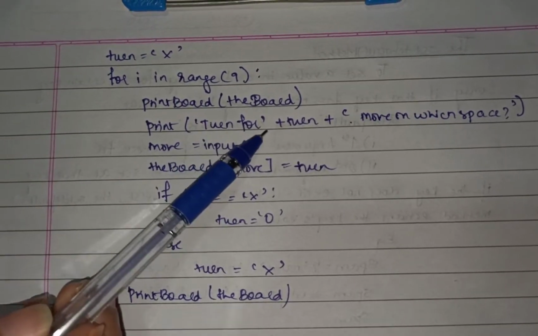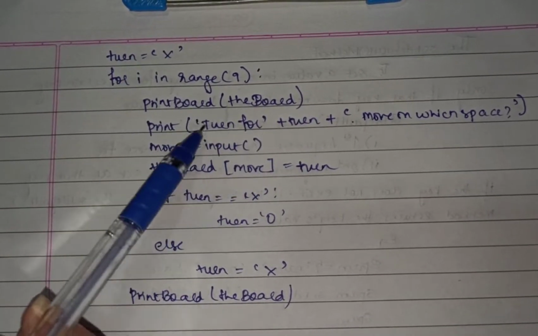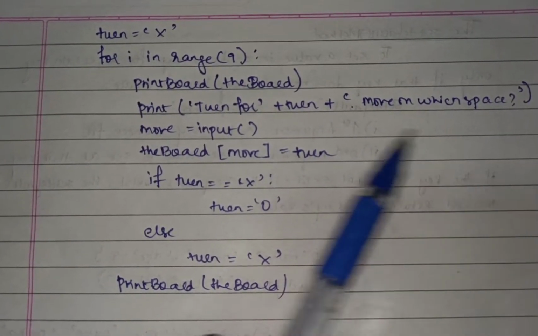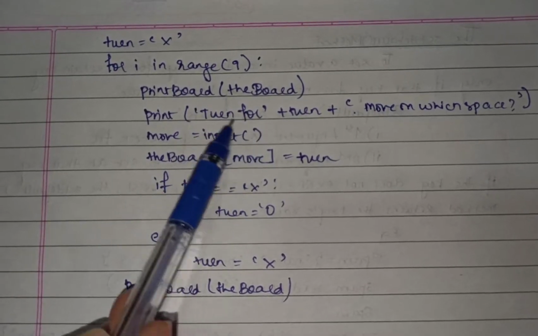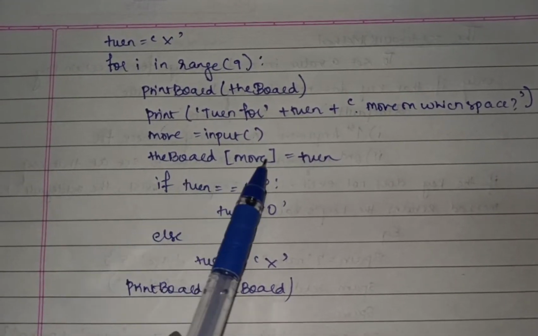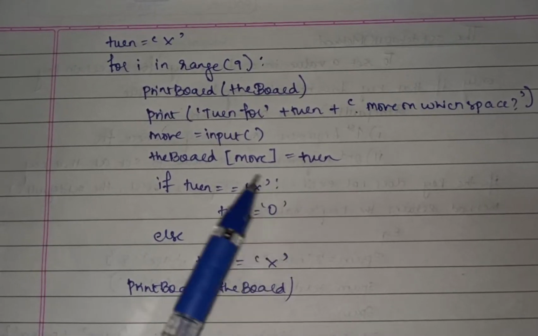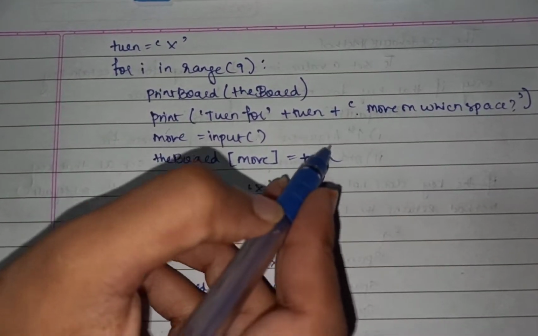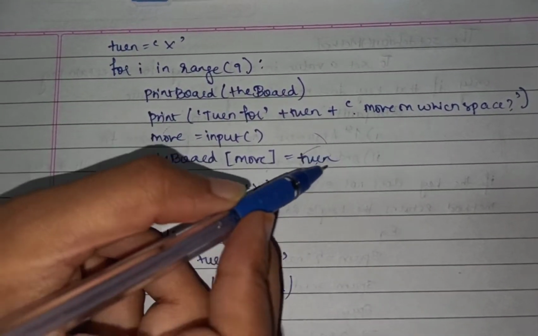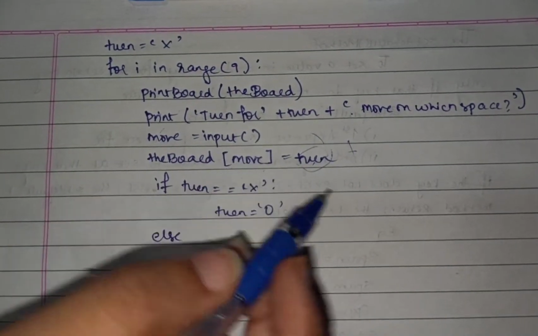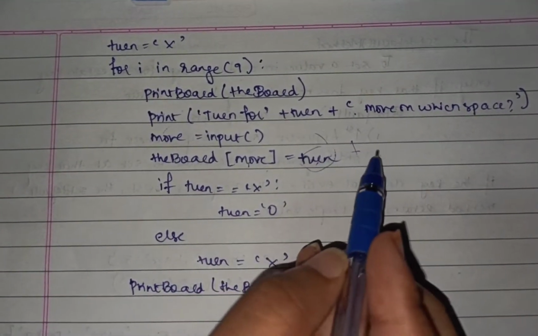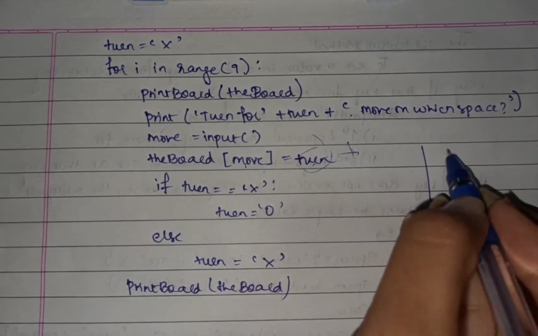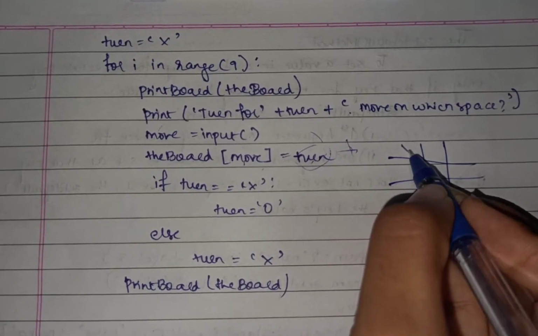Initially the turn is for x. Now it will ask the user for a move, and that will be stored in move. This will be used as the key in the board, and the value will be the turn. Suppose the move is top L, and since the turn is x, top L will be considered as x.